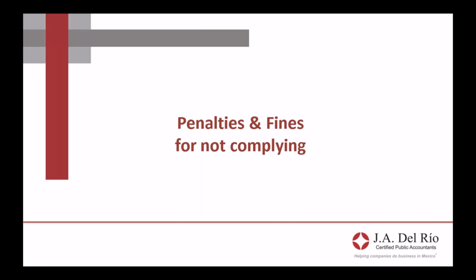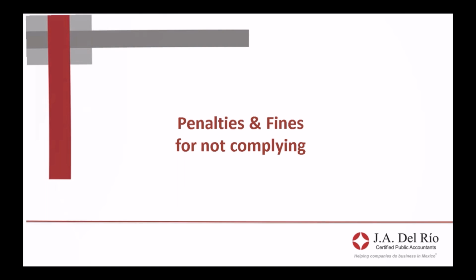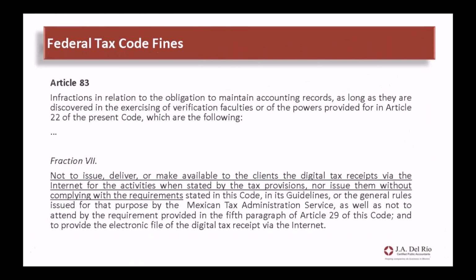So, what would be the penalties and fines for not complying when the time comes? Well, the Federal Tax Code establishes in Article 83 that it is an infraction not to use, deliver, or make available to the clients the digital tax receipts via the Internet for the activities when stated by the tax provision, nor issuing them without complying with their requirements.